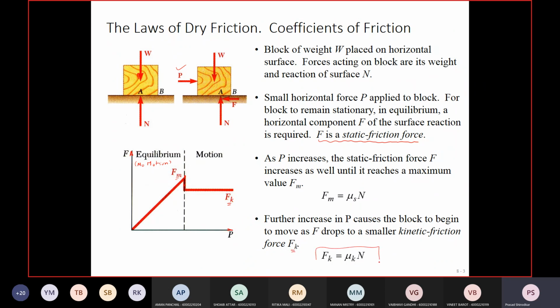Fk is known as the kinetic friction, and Fm is given as the coefficient of static friction, mu s, times N. Mu s is the coefficient of static friction, and when the system is in motion, this frictional value drops to a slightly lower value, and mu k is called the coefficient of kinetic friction.